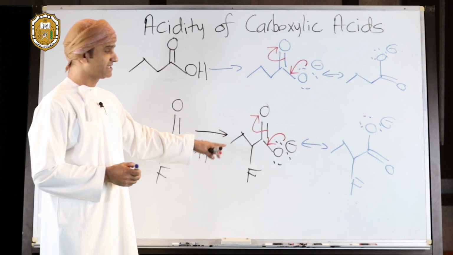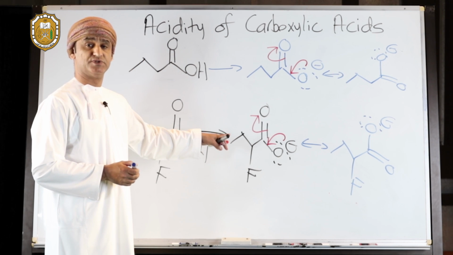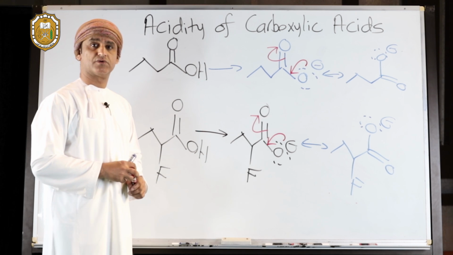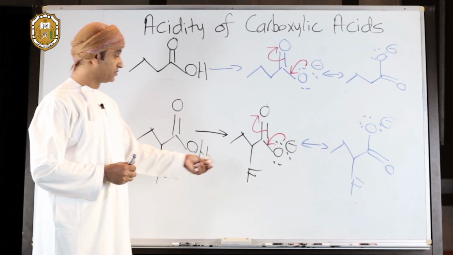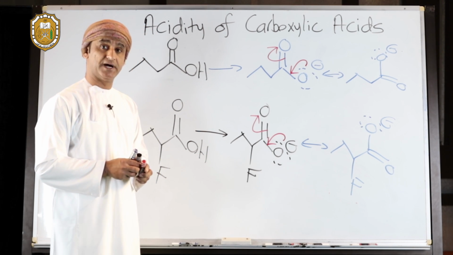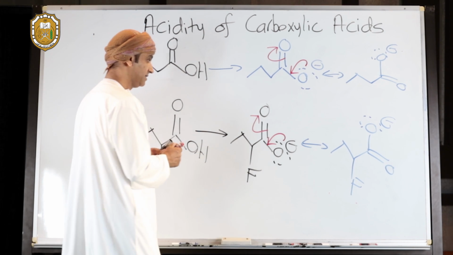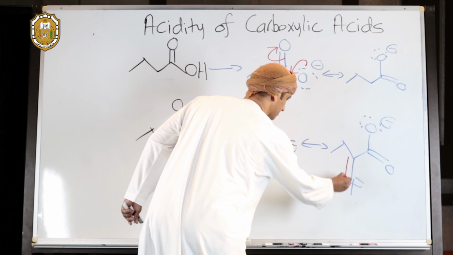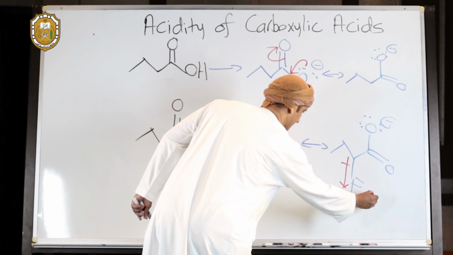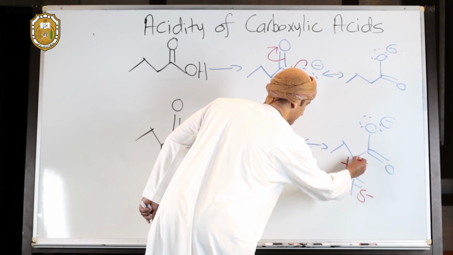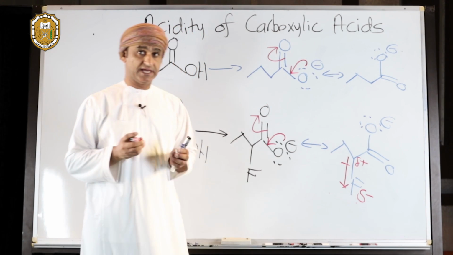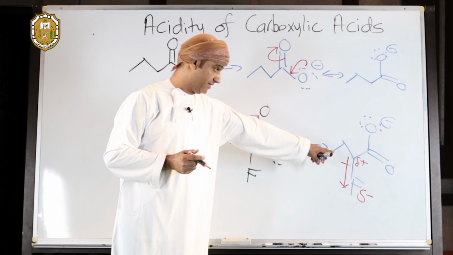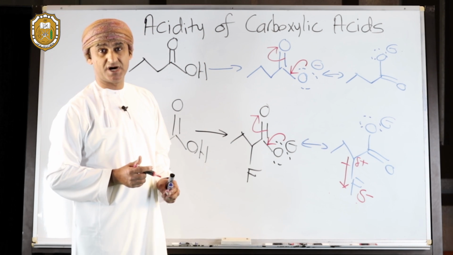But if you look at this carboxylate ion or this butanoate, it has a fluoro group on position number 2. Now this group is an electron withdrawing group by inductive effect, which actually withdraws electrons toward itself in this carbon-fluorine bond, leaving fluorine with a negative partial charge and that carbon with a positive partial charge.